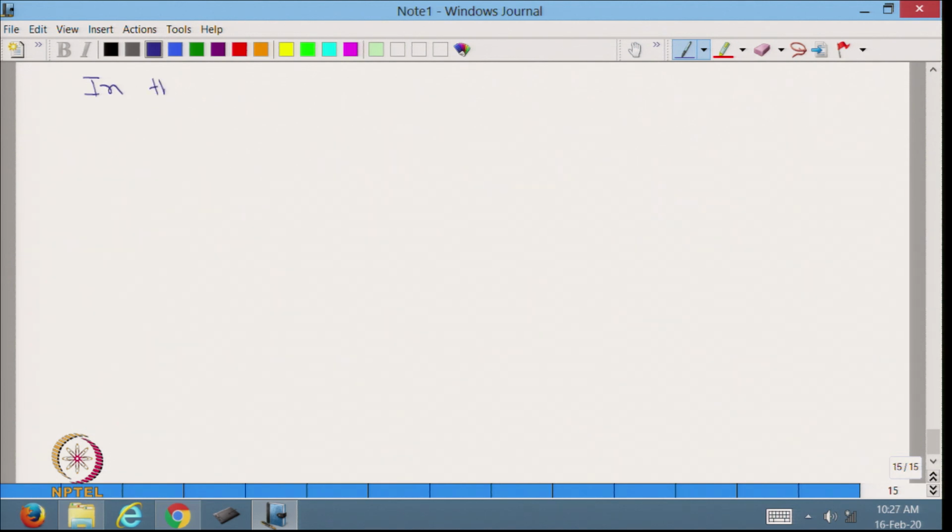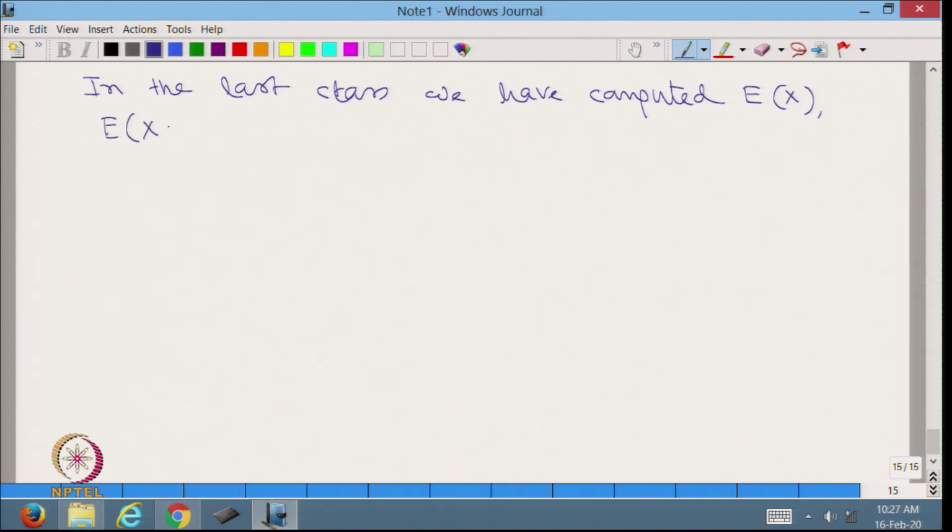In the last class, we have computed expectation of x, expectation of x plus c and expectation of c x when x is a random variable.